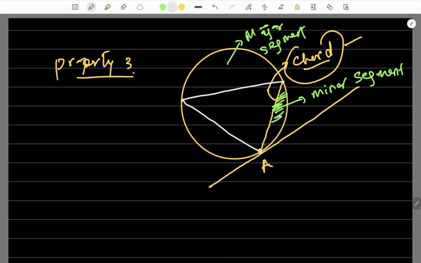So the angle which the chord makes with the tangent, let's say this is x degrees, the complete angle of the chord with the tangent, this angle would be equal to the angle which this chord subtends in the opposite segment. So this angle would also be x. Clarity, beta? Let's say from the same chord, I extend an angle here.